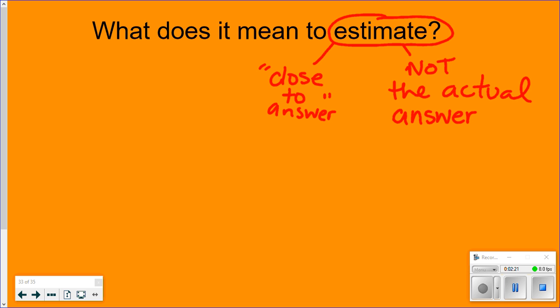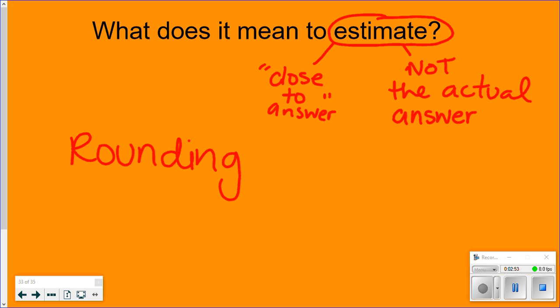So some words that we might think of when we think of estimate, they are not necessarily synonyms, but they're in the same family. I want you to think of words like rounding. When you round, we know that we don't get an exact answer, we just get a close to answer.